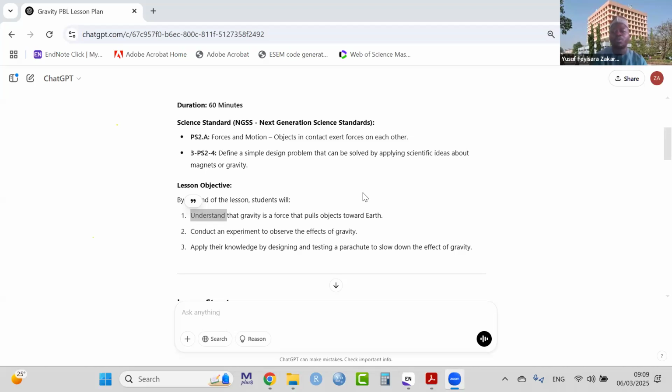Now it is time for you to open your mic and speak. Look at the first objective. It says, understand that gravity is a force that pulls objects toward Earth.